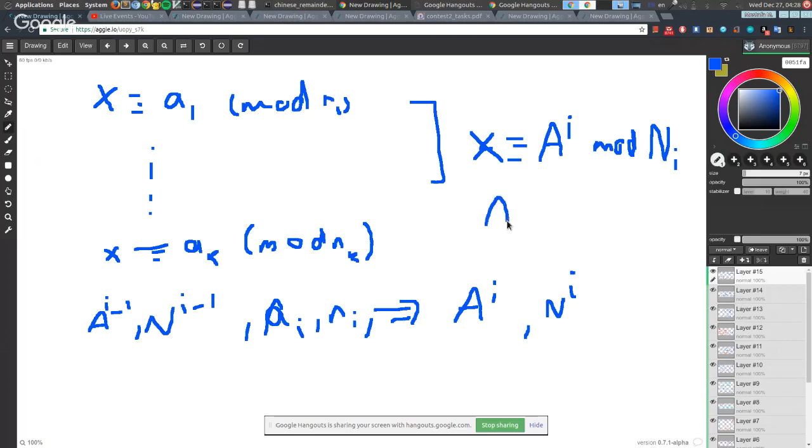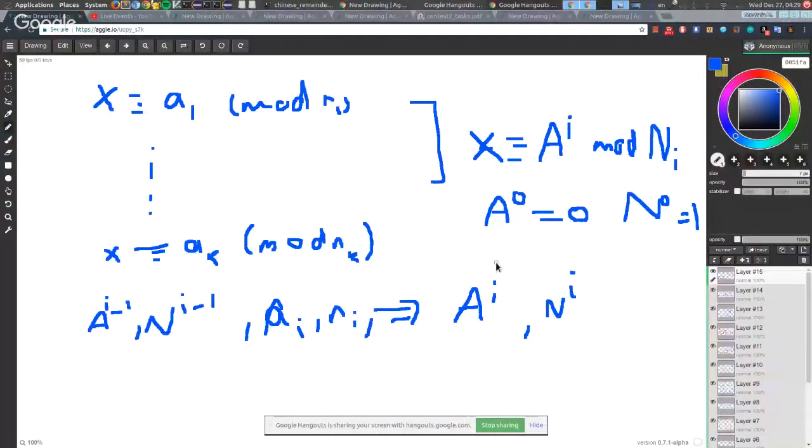You can say here that it's 0. So the first A is 0 and the first N 0 is equal to 1. So basically this is it.